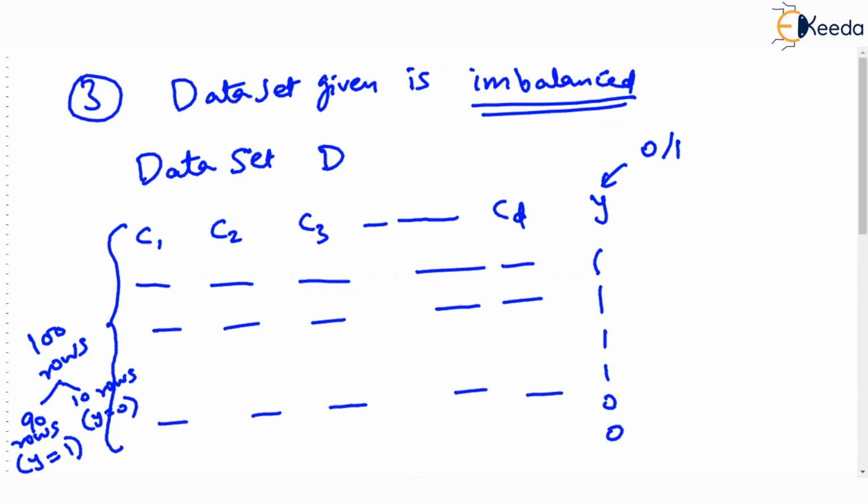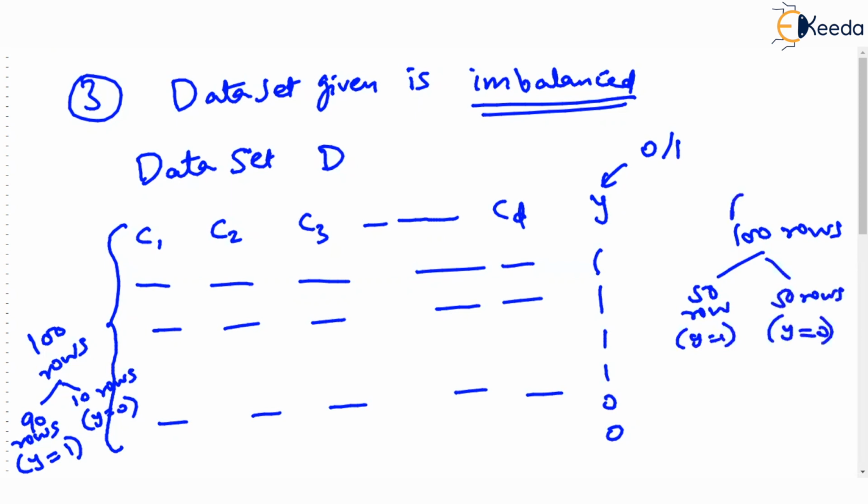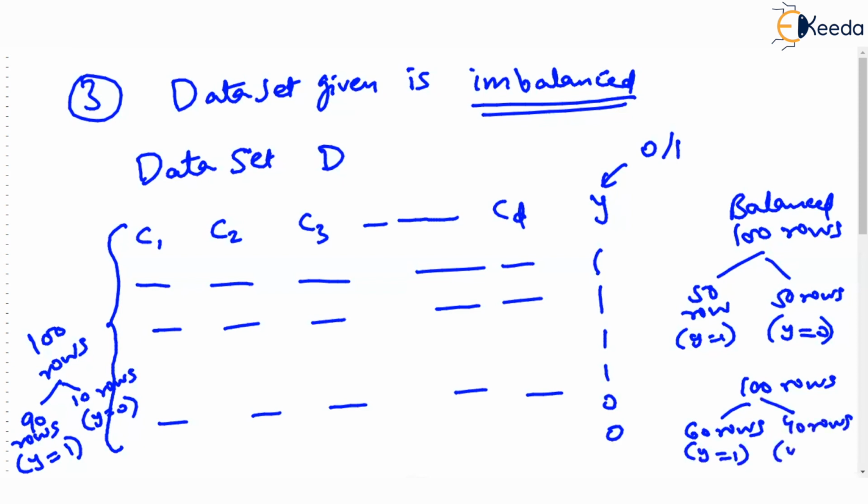What if, given 100 rows, exactly 50 rows had output equal to 1, and another 50 rows had output equal to 0? Then this is a perfectly balanced data set. What if out of 100 rows, say 60 rows have output label 1 and another 40 rows have output label 0?